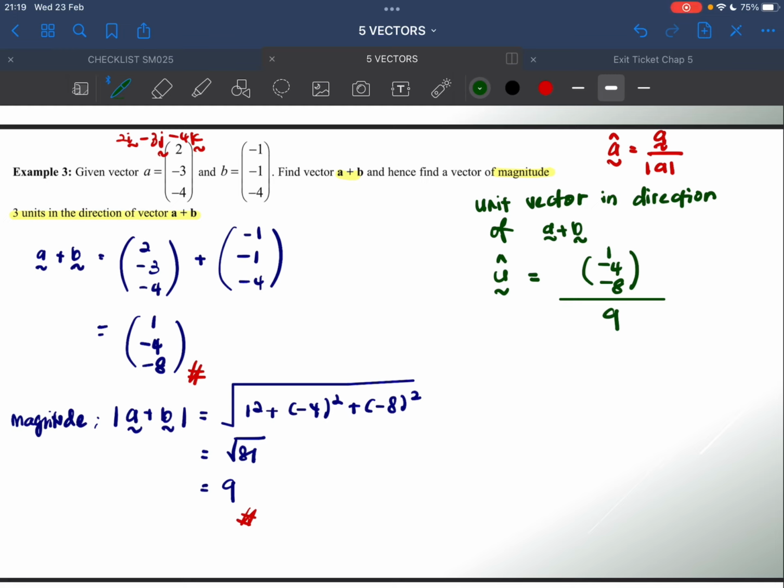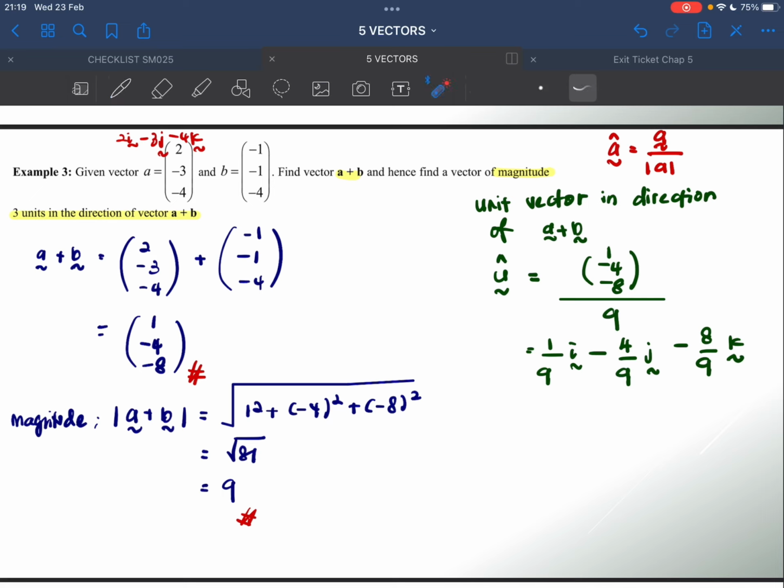Let's write that in ijk form: 1i, negative 4j, minus 8k. So we have 1 over 9 i minus 4 over 9 j minus 8 over 9 k. That is your unit vector.